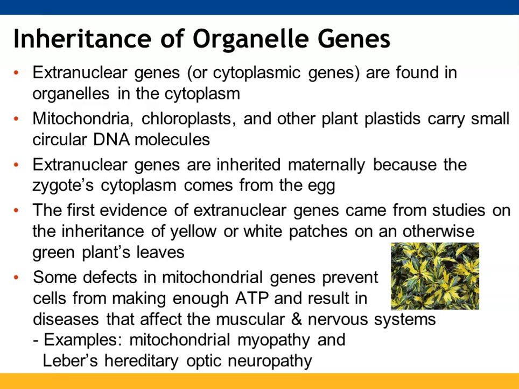The final piece we're going to talk about are organelle genes. There are organelles that contain circular pieces of DNA, such as mitochondria, chloroplasts, and some plant plastids. And because those organelles initially came from the mother, this one is going to be sex dependent, because remember that it was the ovum that was fertilized, and that's part of why through meiosis you have one egg and three polar bodies that are formed from those four cells with chromosomes.